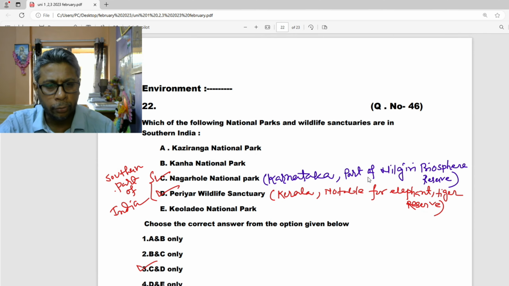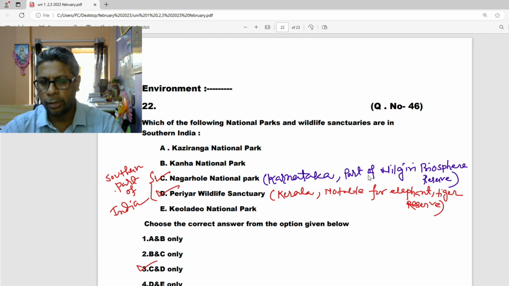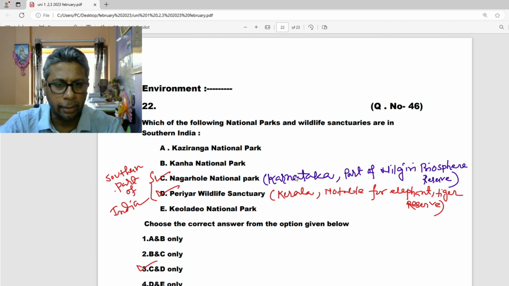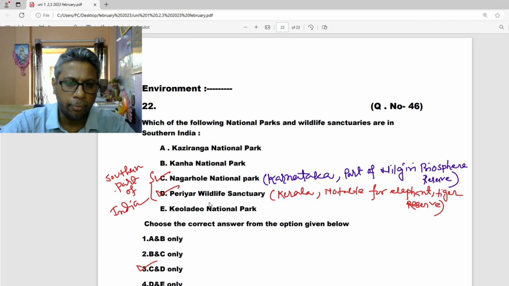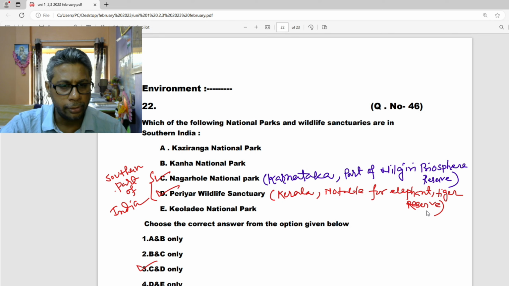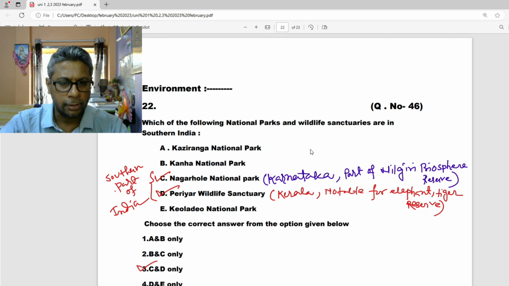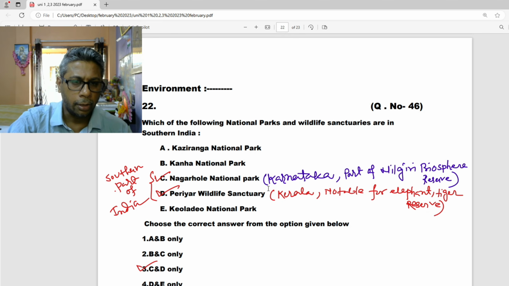I have told you, not only the option, you have to remember the important location and important features of that particular place. Karnataka is part of the Nilgiri Biosphere Reserve, and Periyar Wildlife Sanctuary is in Kerala, notable for its elephant and tiger reserve. Kaziranga National Park, you know, is in Assam. Kanha is in Madhya Pradesh, and Keoladeo National Park is in Rajasthan.